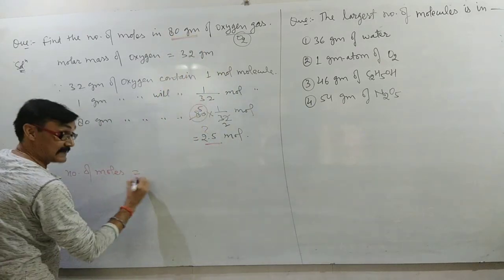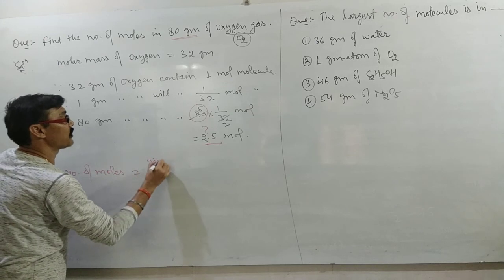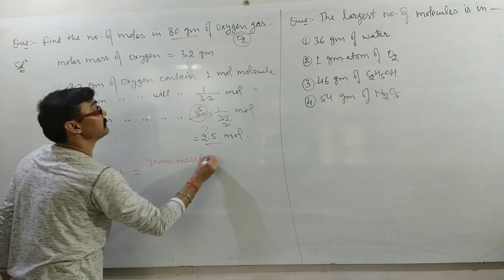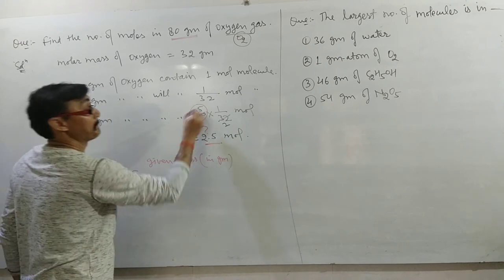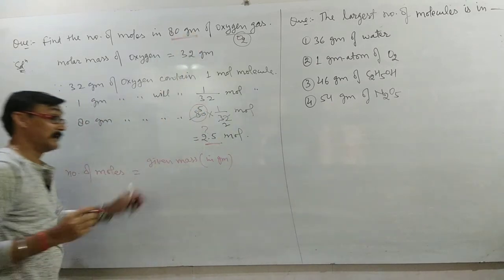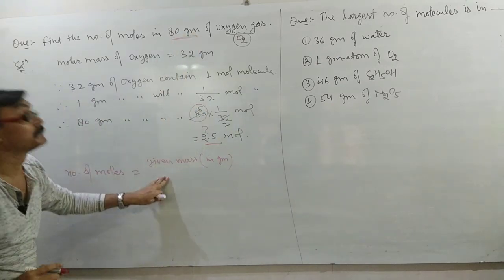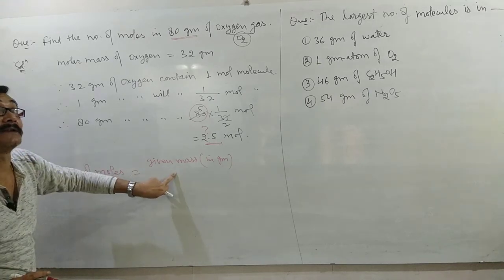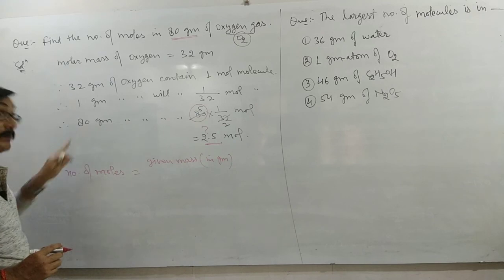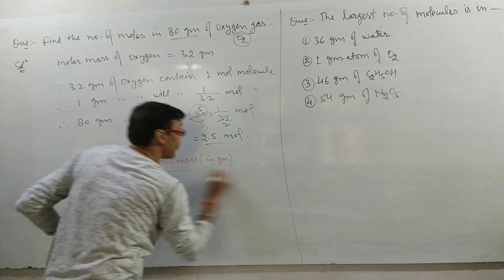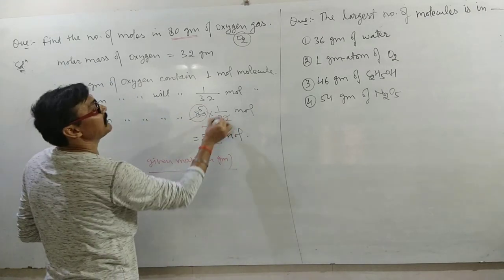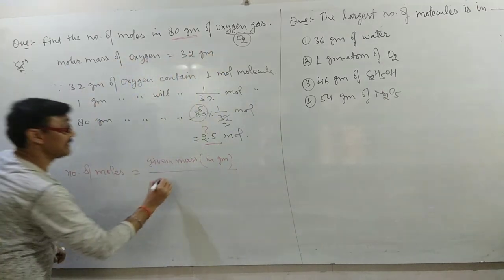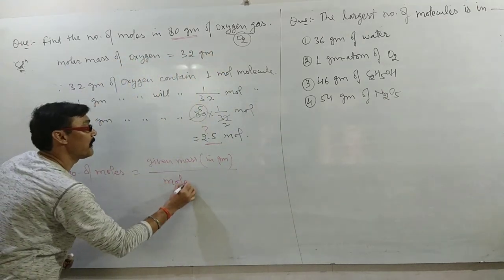So, it is equal to given mass of the substance, but it should be in grams, divided by, what is 32 here? 32 is molar mass of that substance. So divide by molar mass.